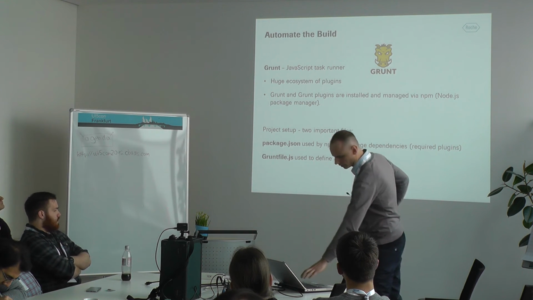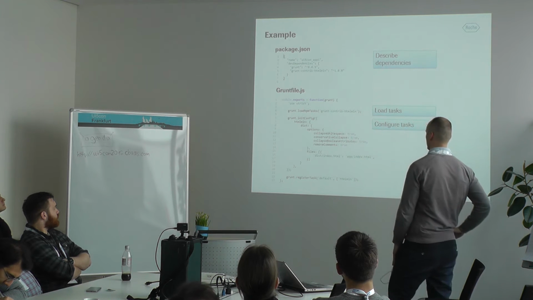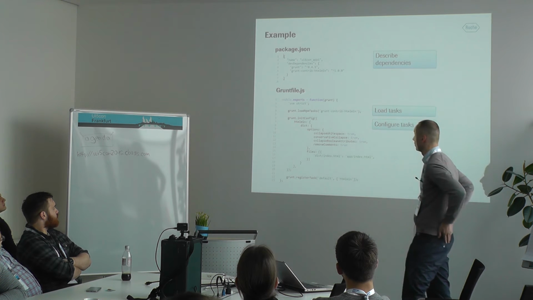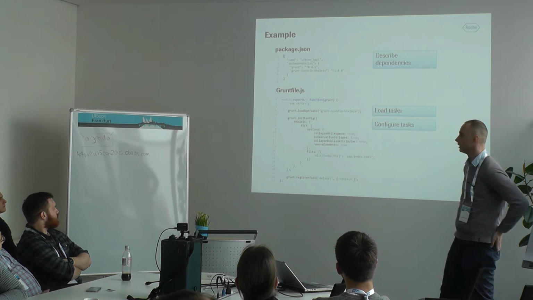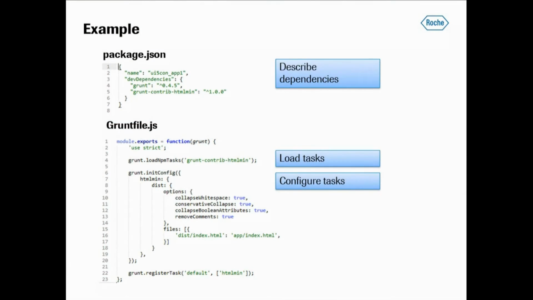I have a really minimal example of a Grunt-enabled project. In the package.json, there is just a dependency to Grunt itself, and the project uses one single plugin for HTML minification.